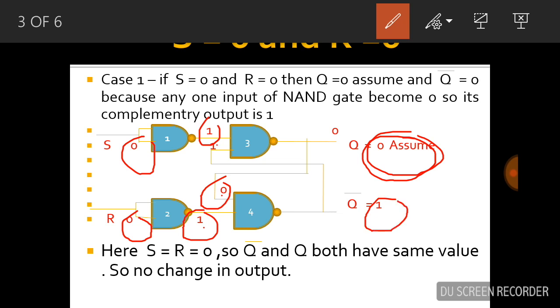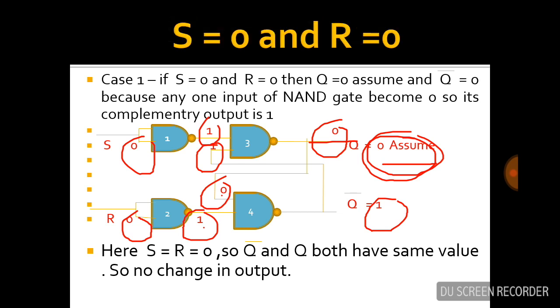This 1 is passed to the other NAND gate, so both inputs of the NAND gate are 1, and the output is always 0. So we assumed Q is equal to 0 and the output is also 0, meaning no change in the output. That's why if S and R are both 0, the output of Q is not changed but remains the same.